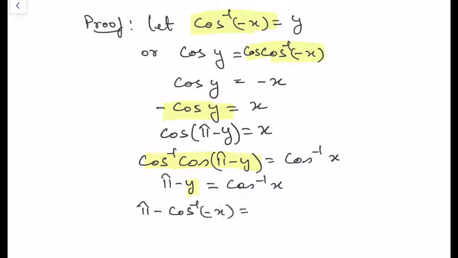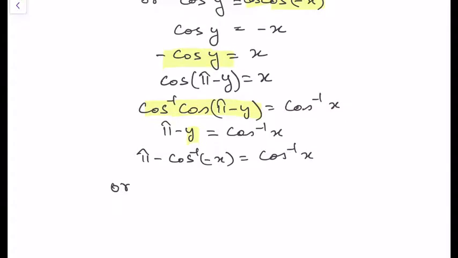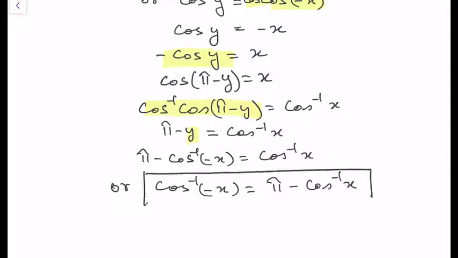So pi minus cos inverse minus x is equal to cos inverse x, or cos inverse minus x is equal to pi minus cos inverse x. So this is how we prove this property.